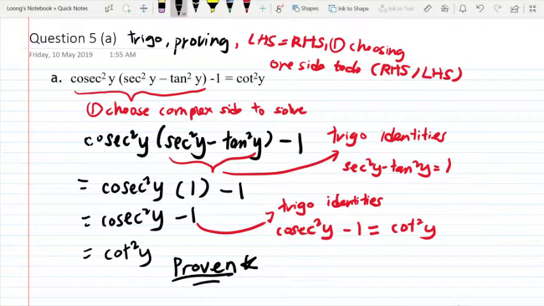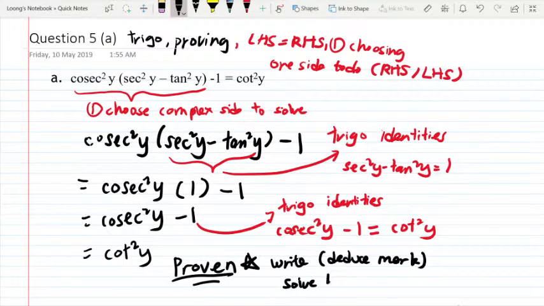And this is quite important to write, or else you will be deducted marks. There are many alternative ways to solve this problem, but just to remind you, in the exam there isn't much time given, so always use the simplest and fastest way to solve this.